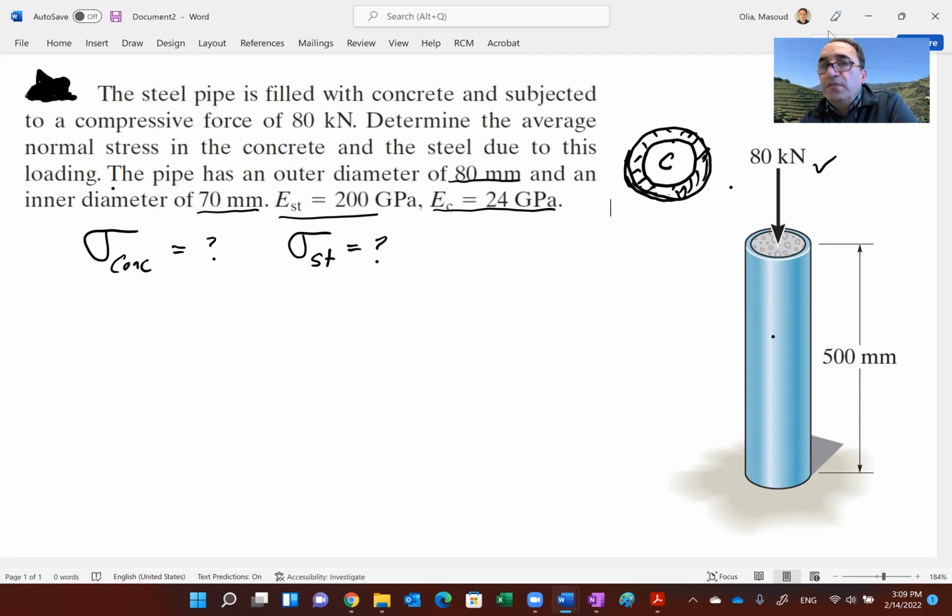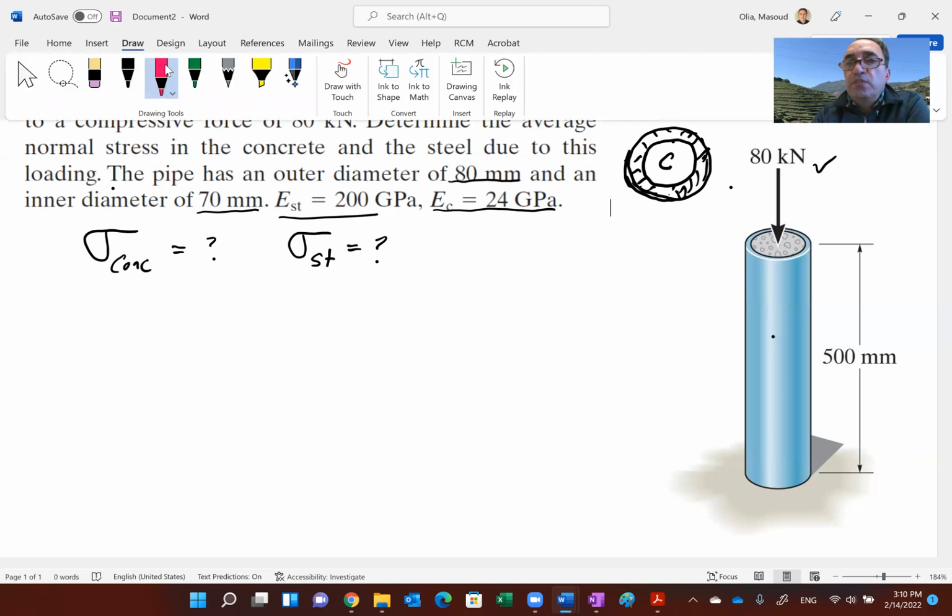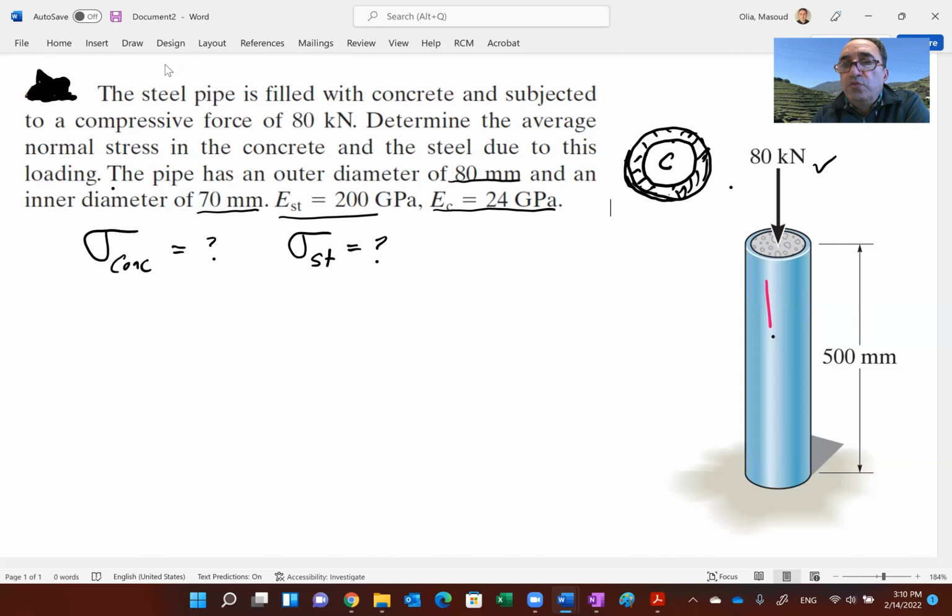This is also, guys, a statically indeterminate problem. You see, if you look at a free body diagram of this, there is a load due to steel, call it F of steel, and there is a load that is in the concrete. I just call it F sub C for concrete and F sub S for steel.